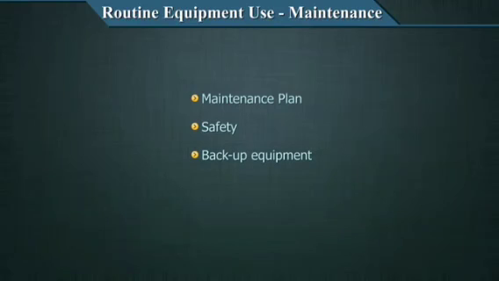Backup equipment is required in case of equipment breakdown. How do you have the continuity of services? Therefore, you need a backup equipment. And later on, we talked about power backup, which is again something to ensure continuity of services. If there is a power outage, how do you carry on your work?